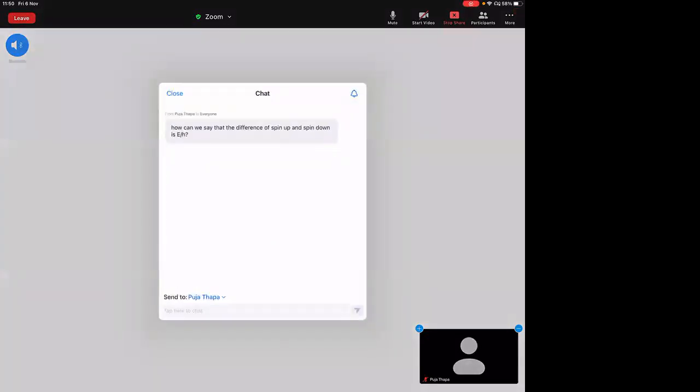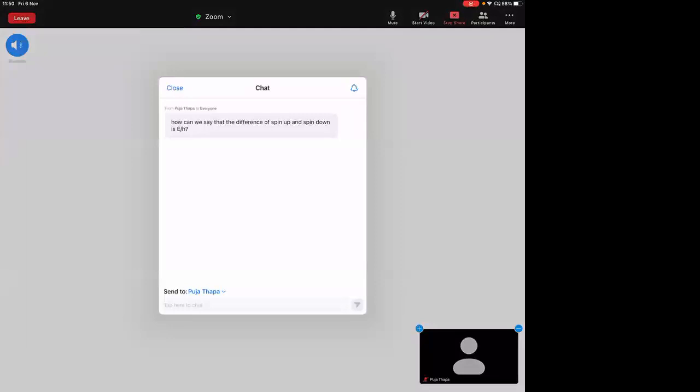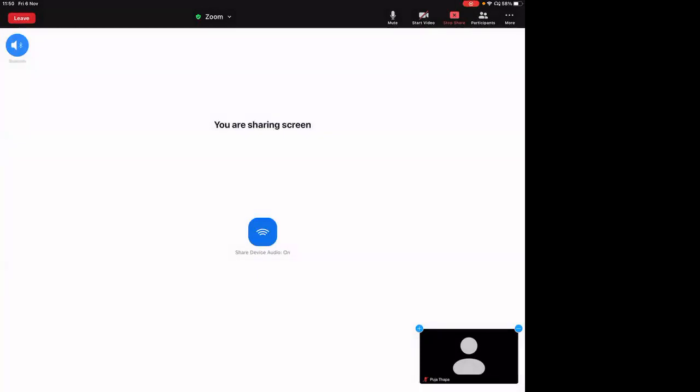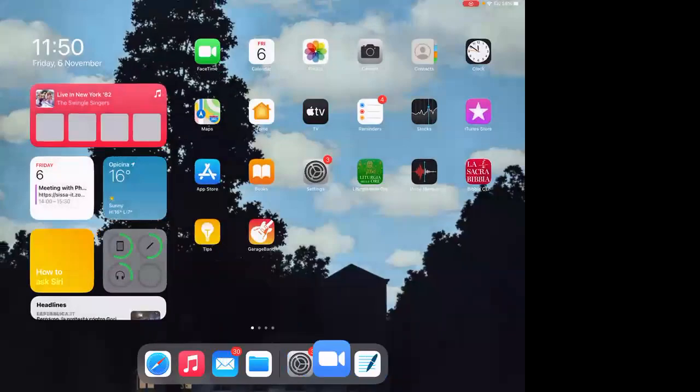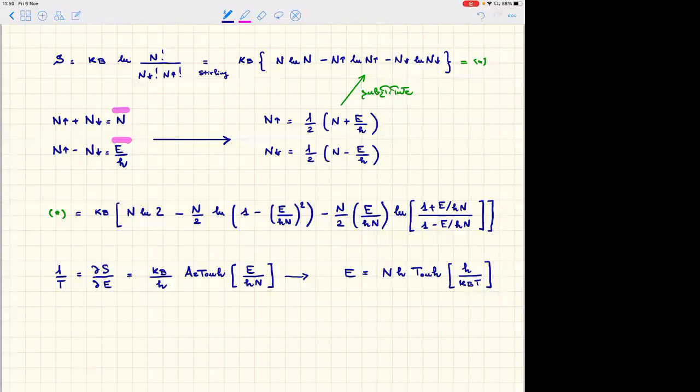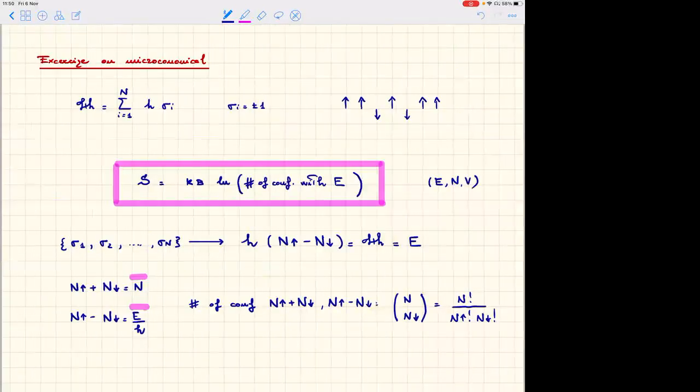Ah, here it is. How can we say that the difference of spin up and spin down is E over h? Well, that is just a consequence of the definition, right? Look at this. My Hamiltonian is h times the sum over i of sigma_i. Every time I have a spin up, I have a contribution to this energy which is plus h. Every time I have a spin down, I have a contribution which is minus h.